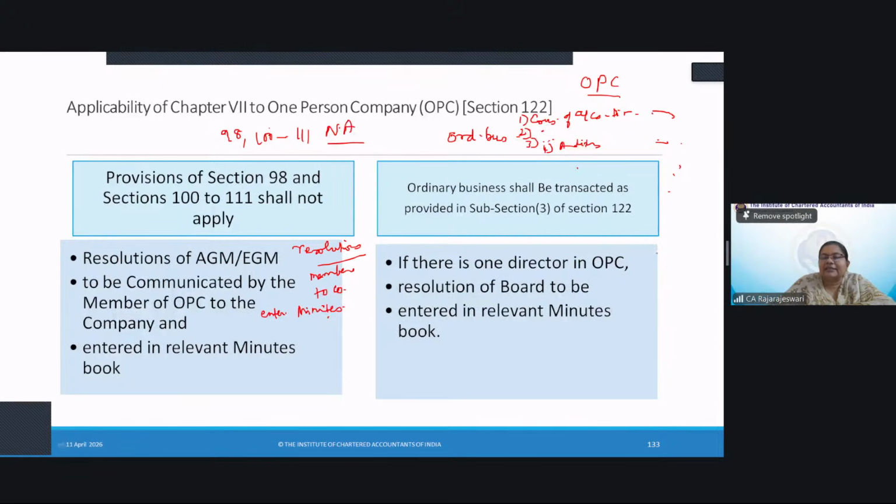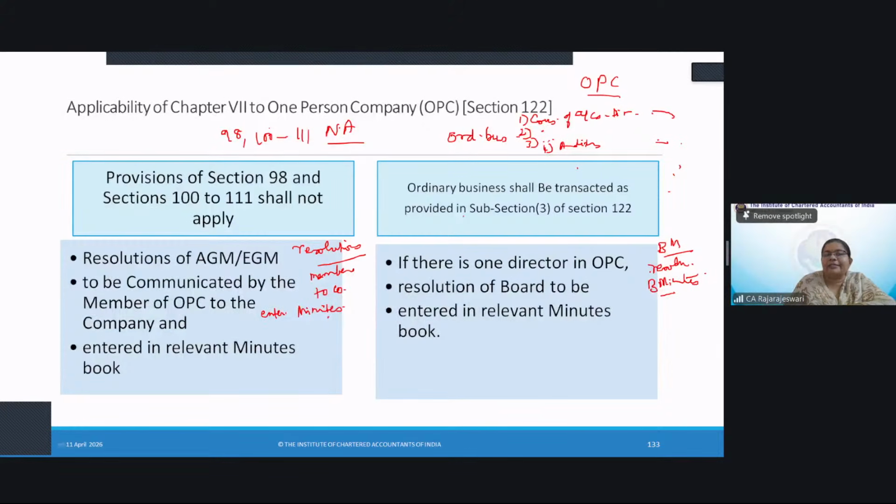Generally, they conduct AGM practically. Now, if there is only one director, what about the board meeting and minutes? Whatever resolution has been passed should also be entered in the board minutes, which will be signed by the director or the chairman.